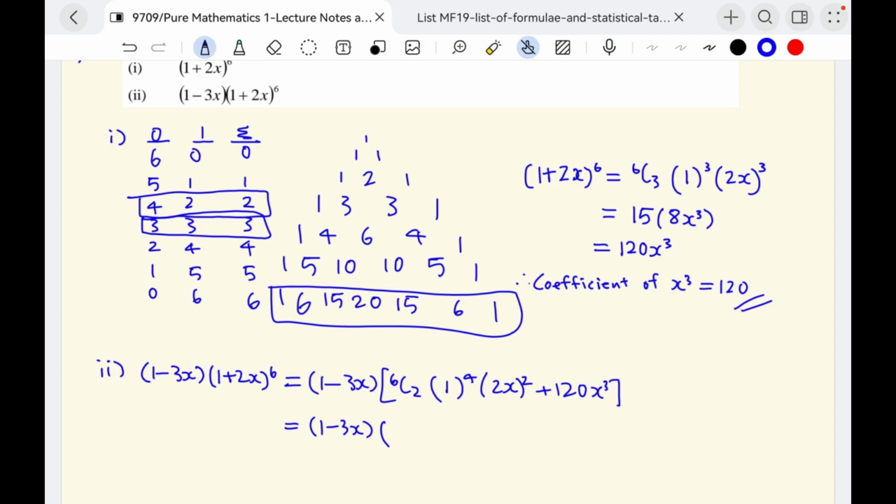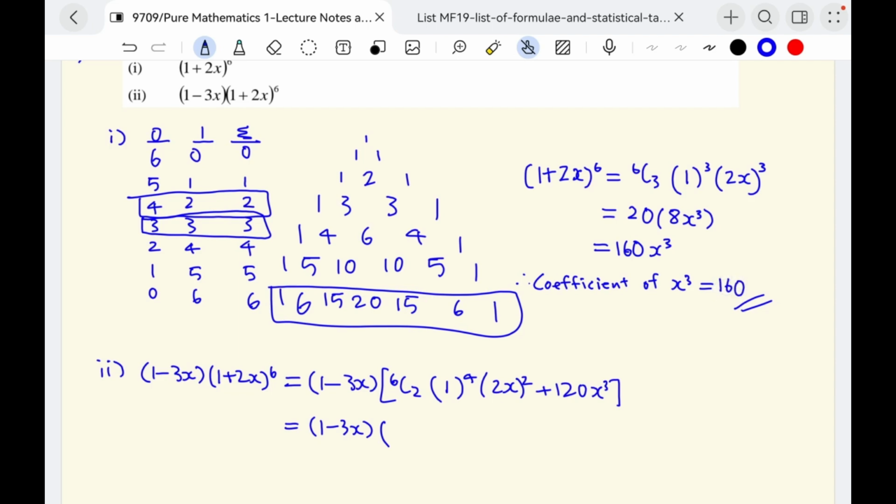So expand it to get, what is 6C3? Oh, sorry, I made a mistake. It's 0, 1, 2, 3. So 6C3 is not 15, it's 20. My mistake. So it's 160, which means the coefficient of x cubed is 160.